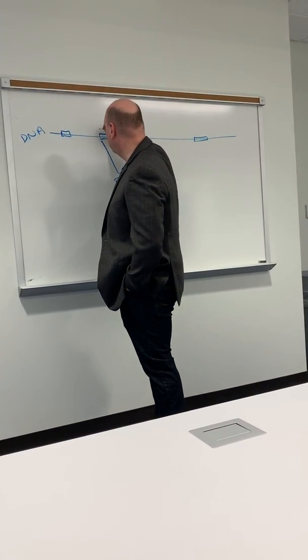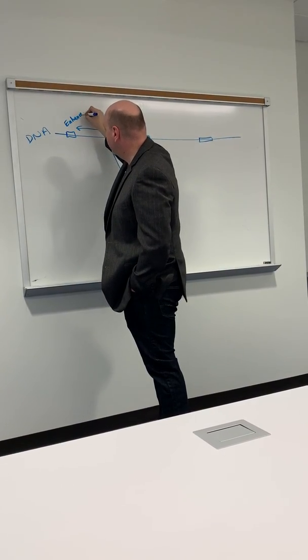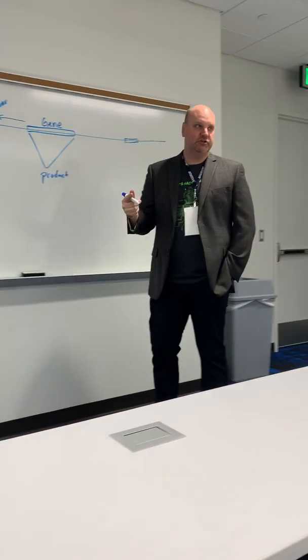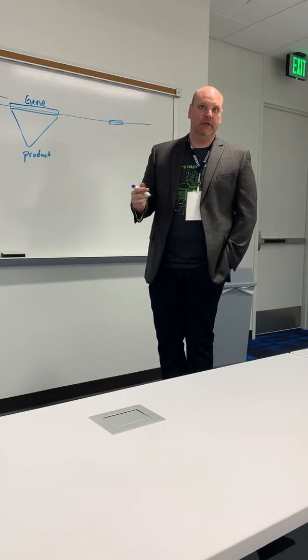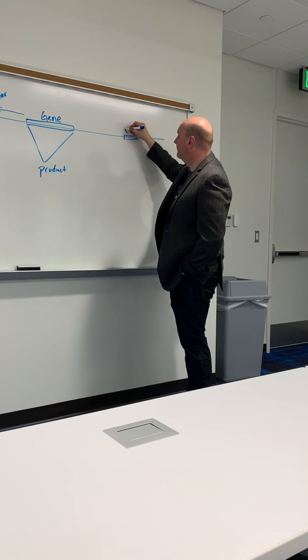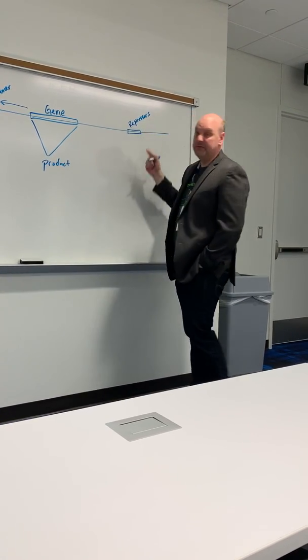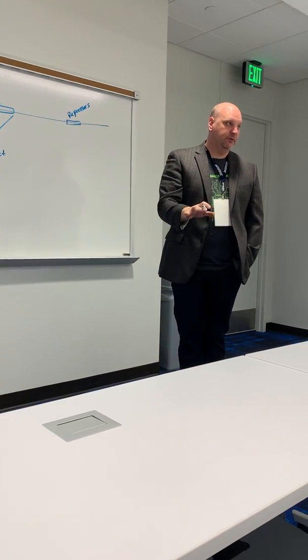Some of them are what we call upstream, and they can do things like enhance the production of that, so they're called enhancers. Some of them are downstream. So it could be a repressor, things that lower the production of it.